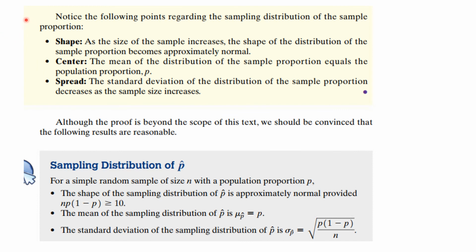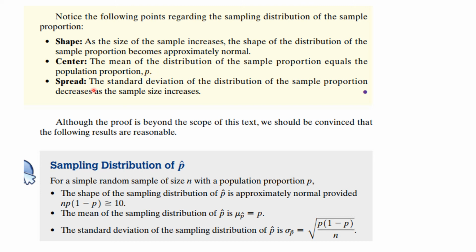And if we do a bunch of examples and empirical measurements, we notice that the following things emerge. As the size of the sample increases, the shape of the distribution of the sample proportion becomes approximately normal. The mean of the distribution of the sample proportion equals the population proportion p.